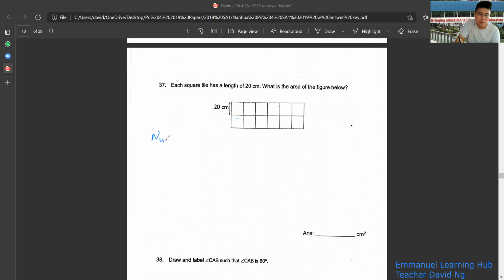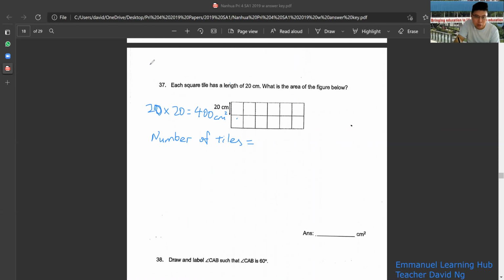What must you do? 20 cm times 20 cm. 20 times 20 equals? Equal to 40. Equal to 400. You know why 400? Yeah, because they're asking for cm.